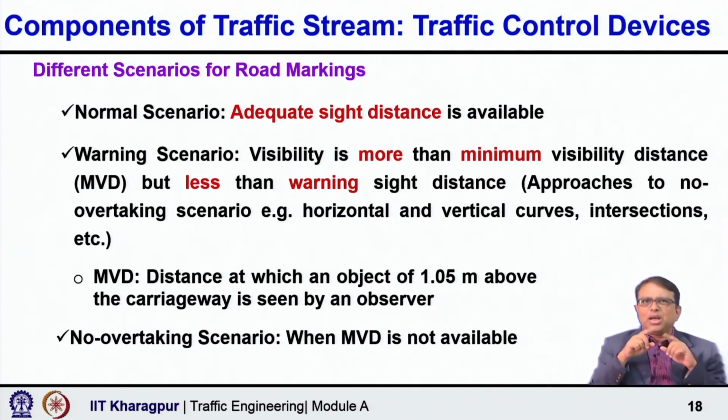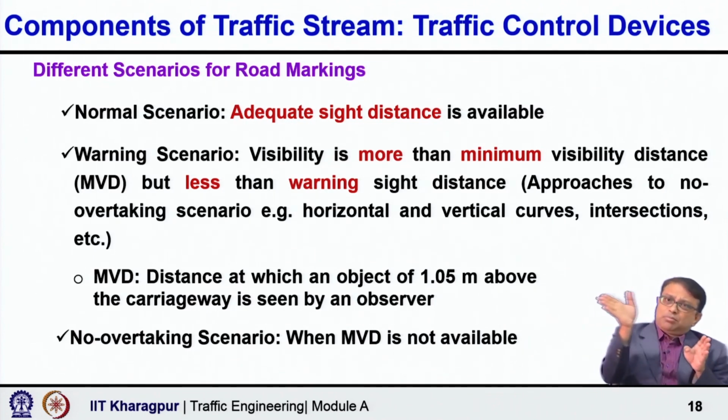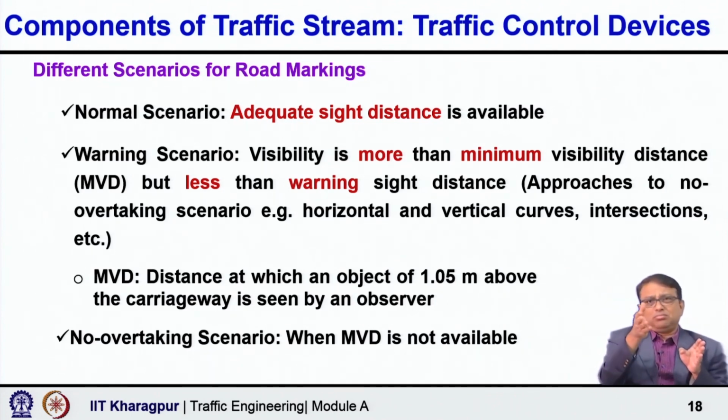So, it is a case where visibility is more than the MVD, but less than the WSD, the warning side distance. Essentially, where you have no overtaking scenario, such as sharp curves, the minimum visibility distance is not available.